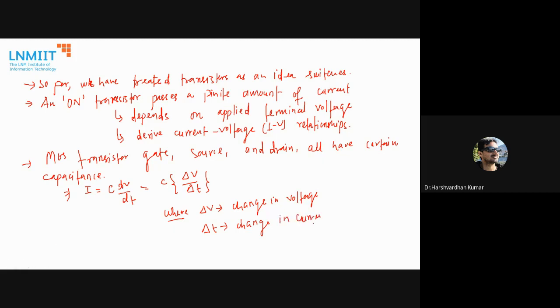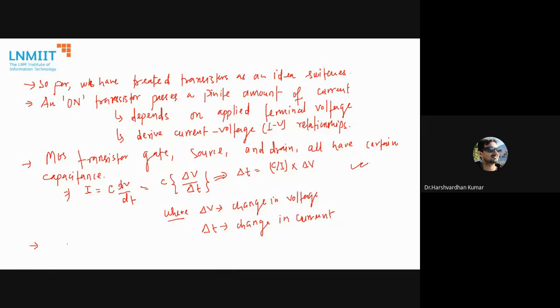So we can rewrite this equation in such a way that del T is equal to C divided by current multiplied by change in voltage. Can we write in such a way? Yes, sir. Okay.